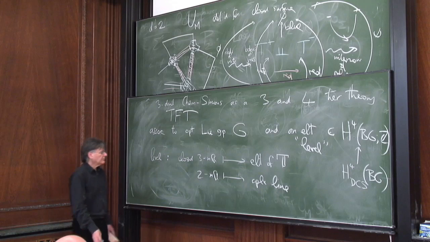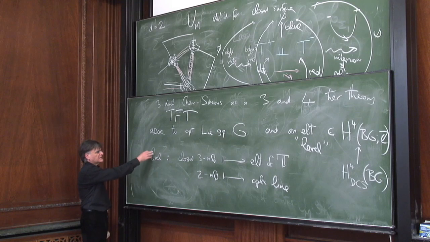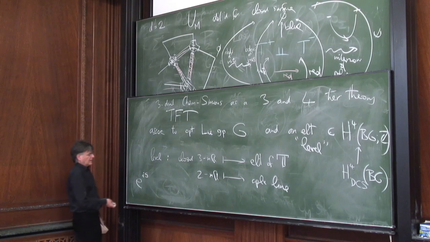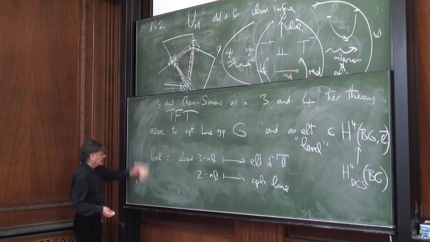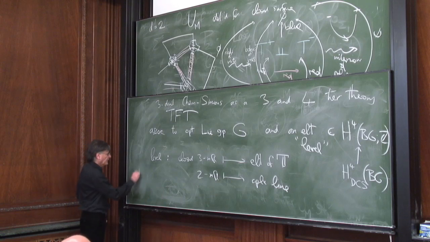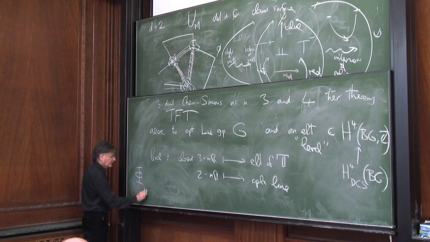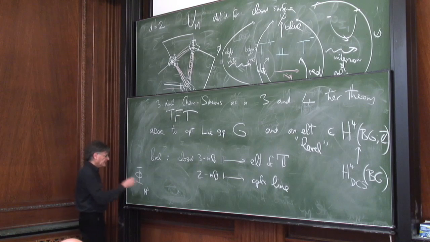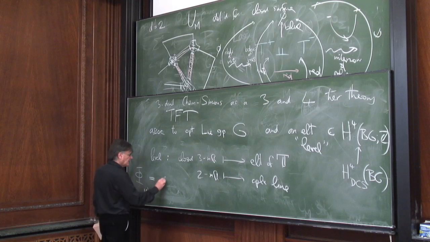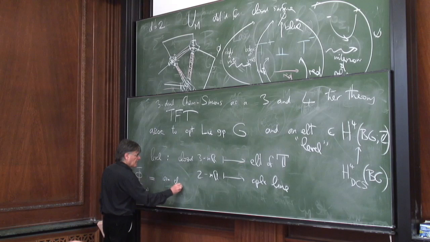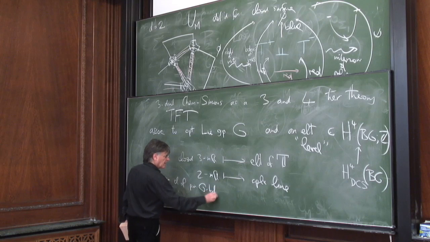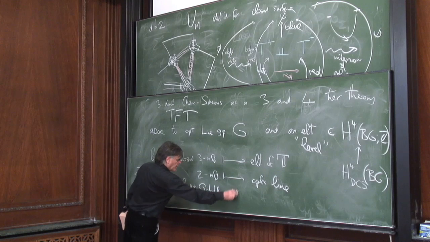And anyway, this theory is defined by saying that the action for the theory, so we have a notional space of fields on a 3-manifold, which is meant to be isomorphism classes of principal G bundles on M with connection.